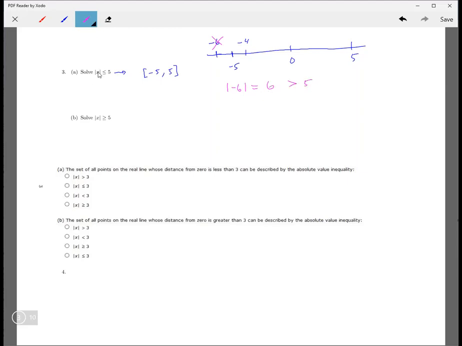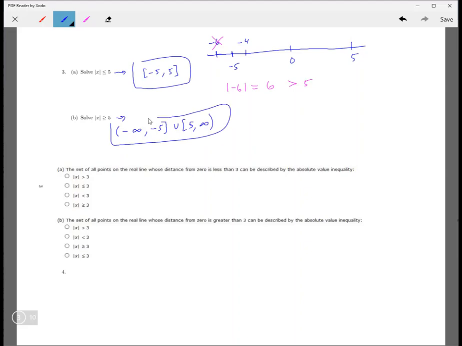So if you put negative 6 in here for x, it's not going to satisfy this inequality. But it will satisfy this inequality. And so this one is actually negative infinity to negative 5 union 5 to infinity. Okay, so those are the answers to those two.